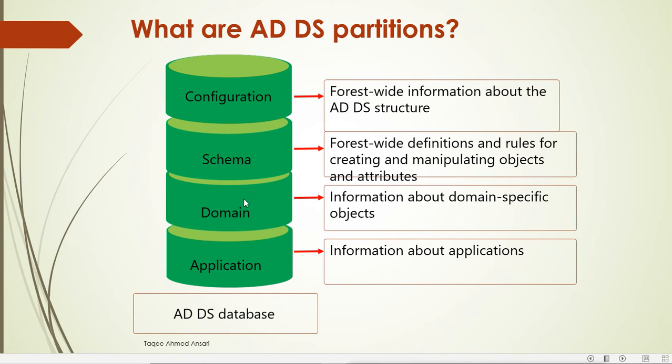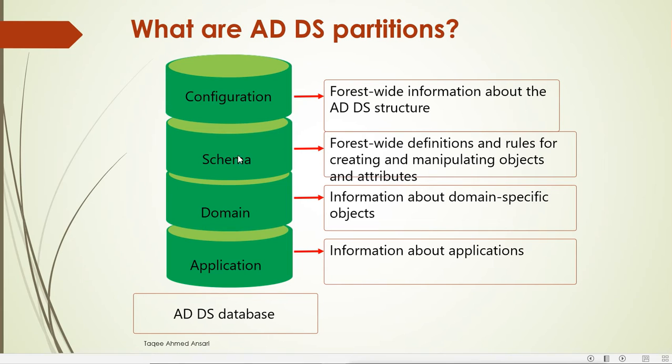Now the domain partition has the information about domain specific objects, for example the domain containers, OUs, users and groups. Then the schema partition contains the forest-wide definitions and rules for creating and implementing objects and attributes.